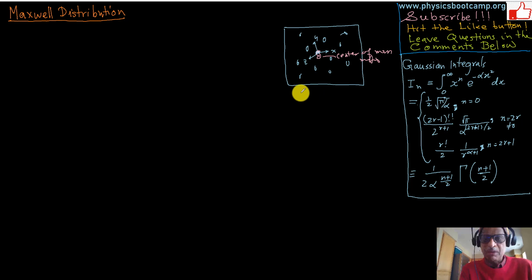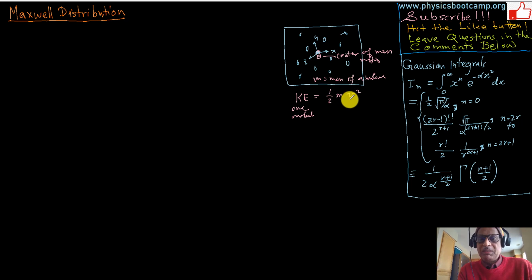So we can say kinetic energy of a molecule of mass m, say m equal to mass of the molecule. So kinetic energy of one molecule is half m its speed square.